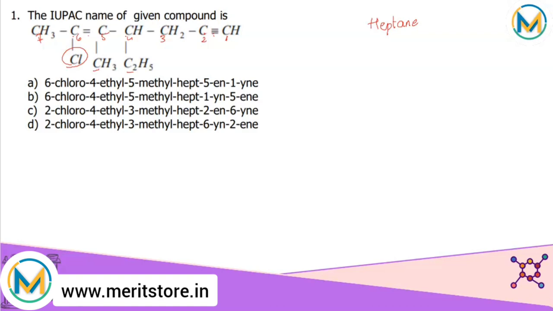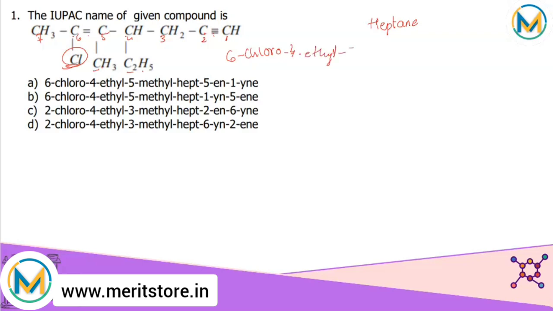Now according to alphabetical order, chlorine comes first, so we are supposed to write 6-chloro. Then among methyl and ethyl, E comes first, so we have at 4 the ethyl group.